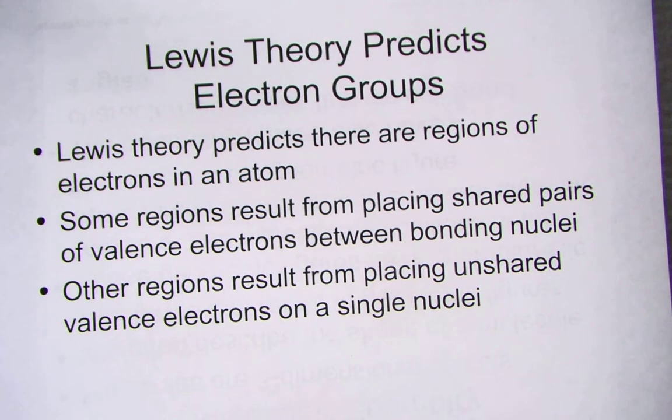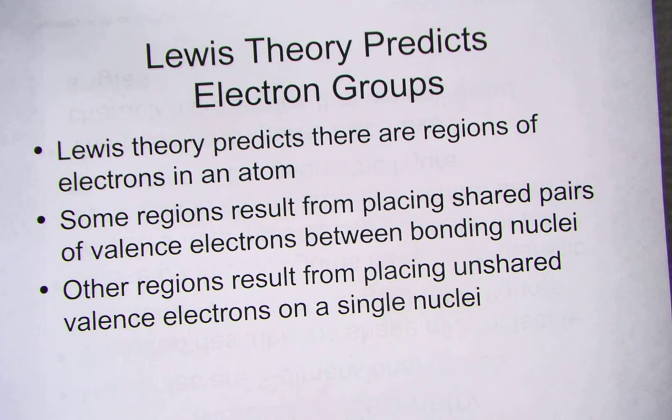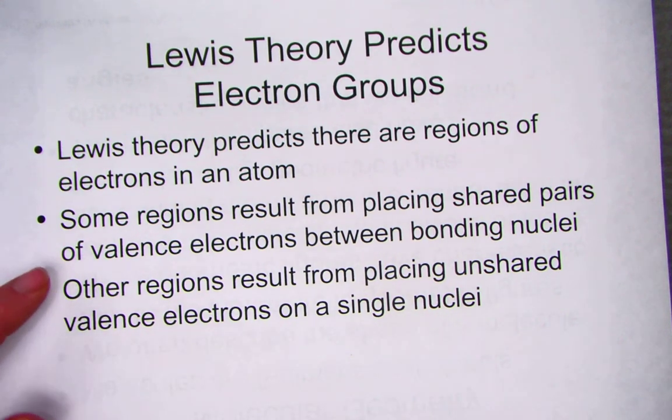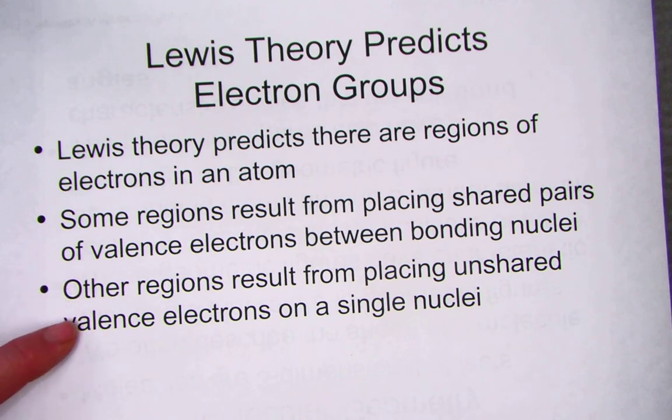Now the Lewis theory of bonding, or the electron dot structure, also known as the Lewis dot structure, predicts that there are regions of electrons in an atom. Some regions result from placing shared pairs of valence electrons between bonding nuclei. Other regions result from unshared valence electrons on a single nucleus.